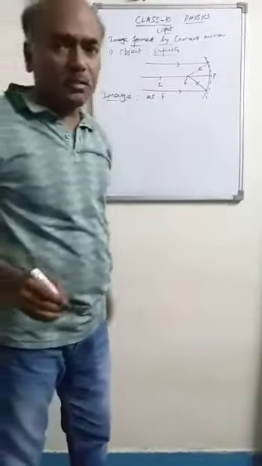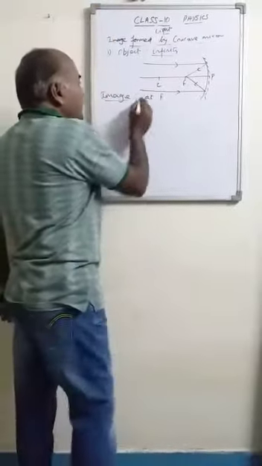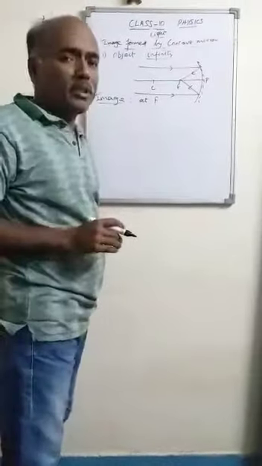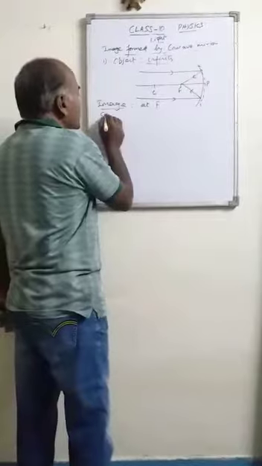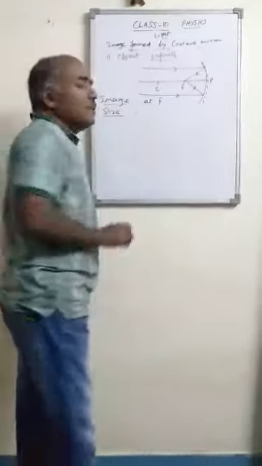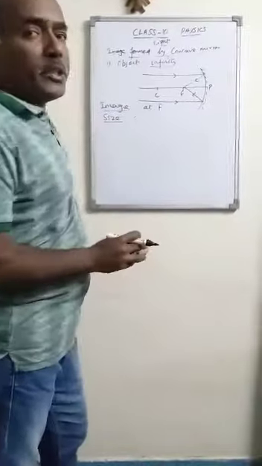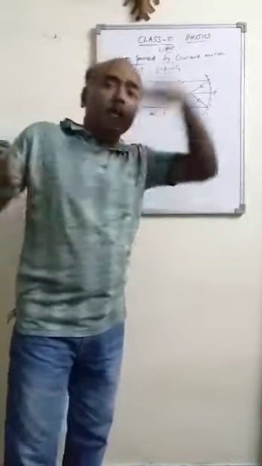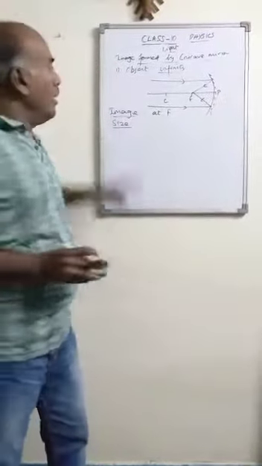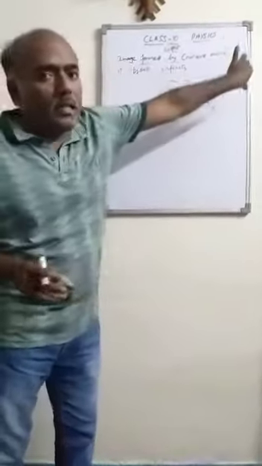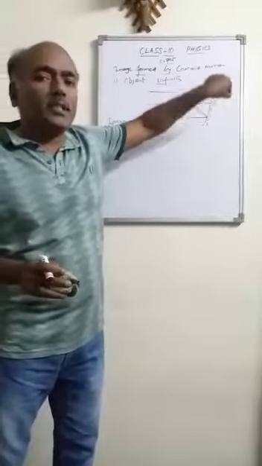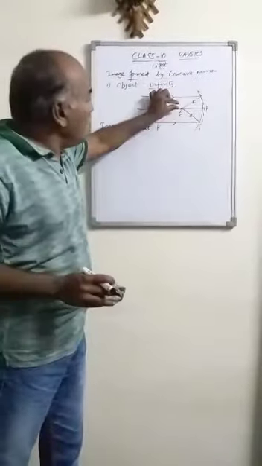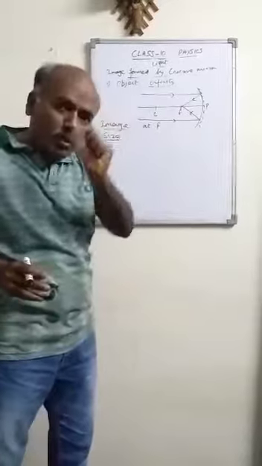It is formed at focus. This is the position of the image. And then coming to the size. The size of the object may be any. It may be very big. From that object, all the light rays travelling towards the mirror converge at a very small point.